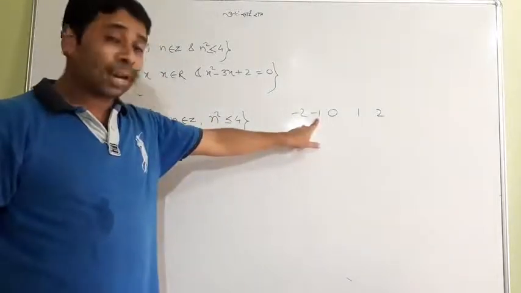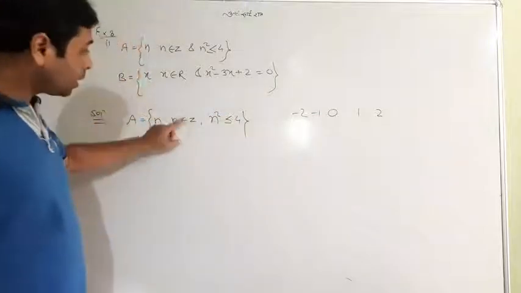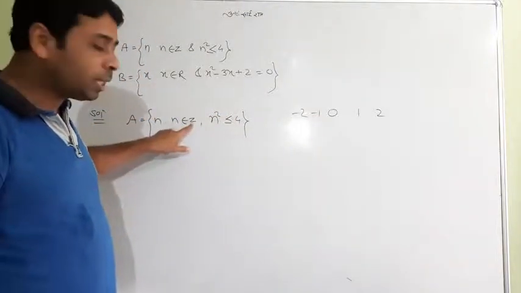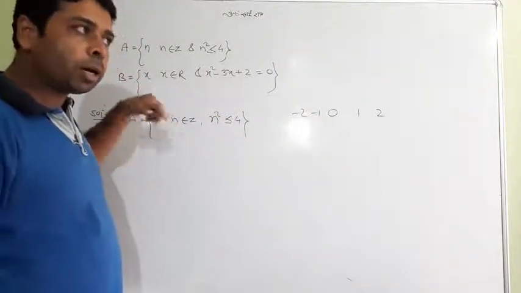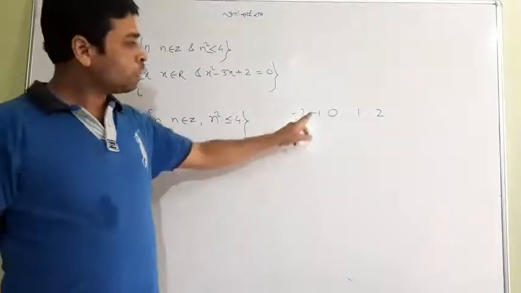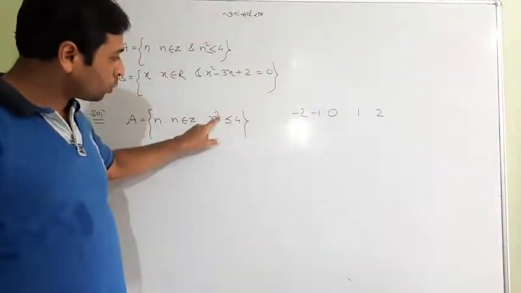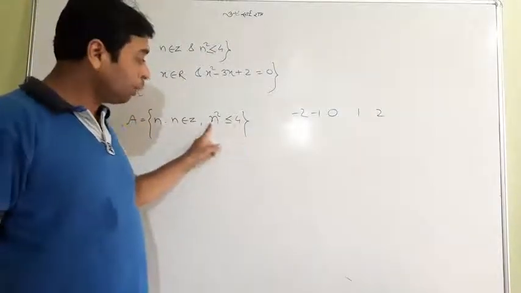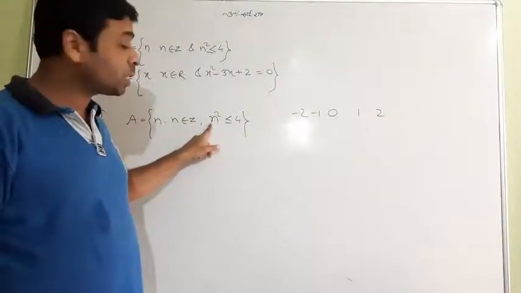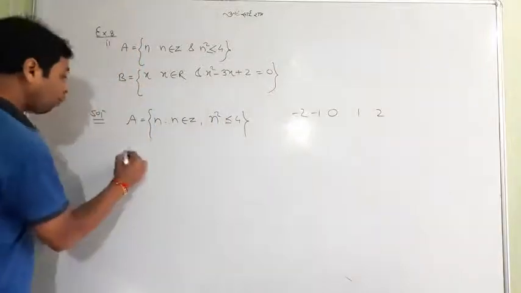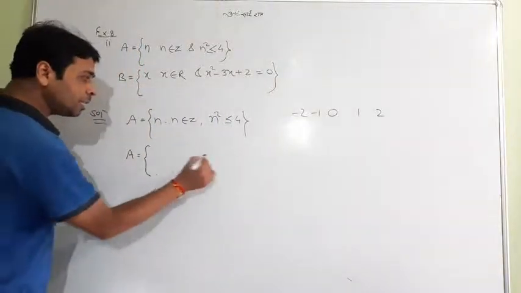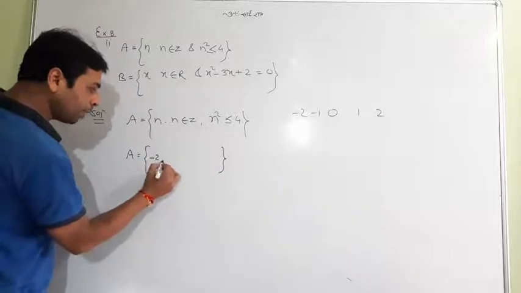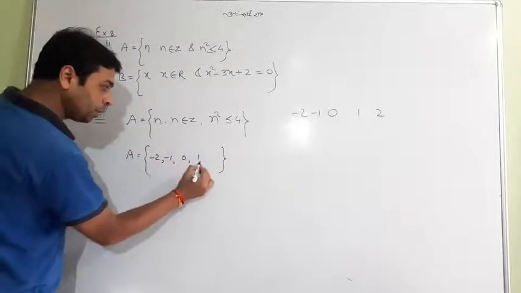You can also put minus 1, since Z means integer, so n can attain integer values. Minus 1 square is 1, which is less than 4. Minus 2 square is 4, which is again equal to 4. So these values will come in this set.